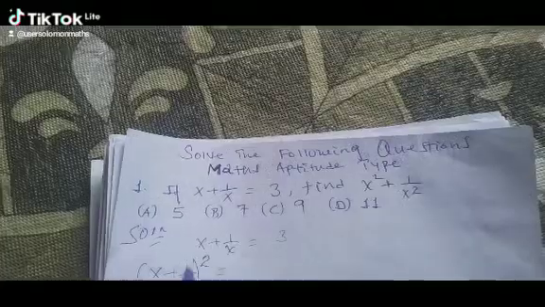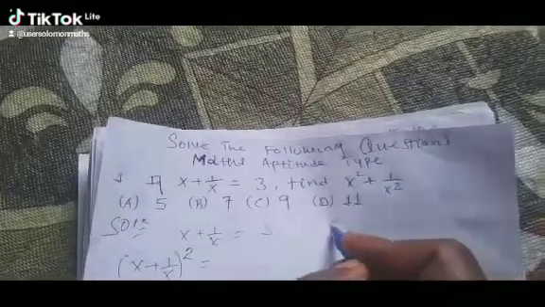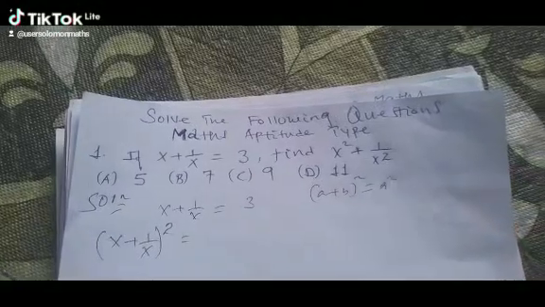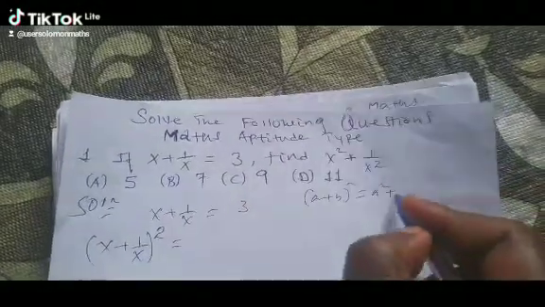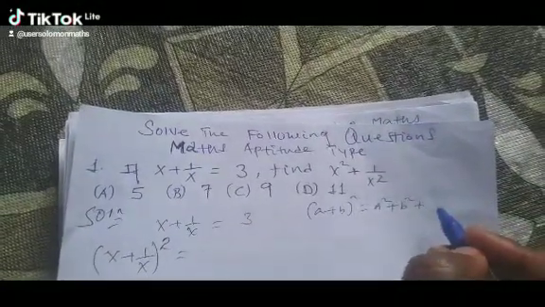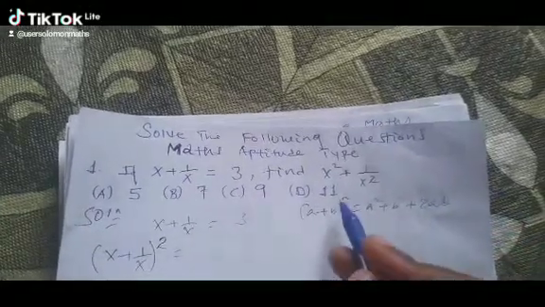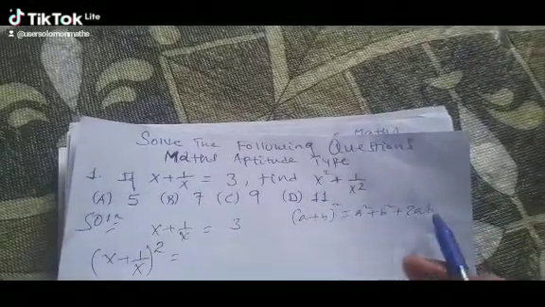So take x plus 1 over x, the whole square. A plus b, the whole square means a square plus 2ab plus b square.